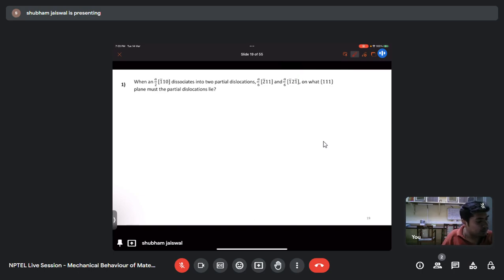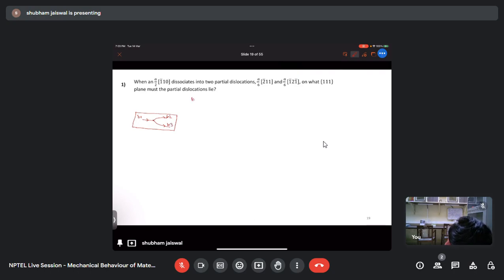So what they are saying, suppose this is one plane, this is B1, this is B2 and B3.